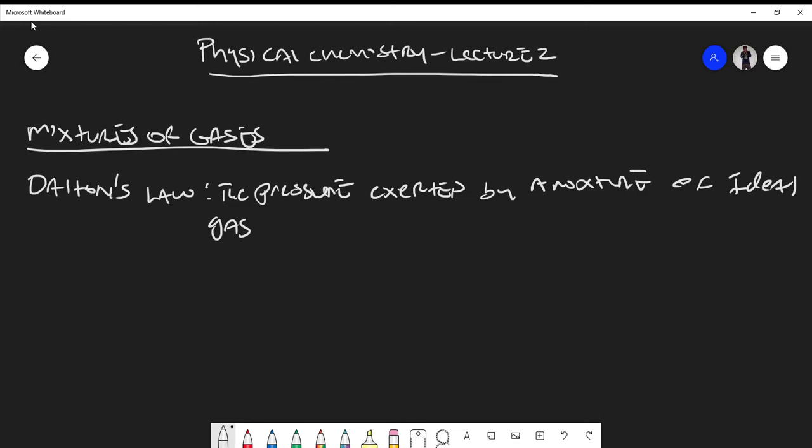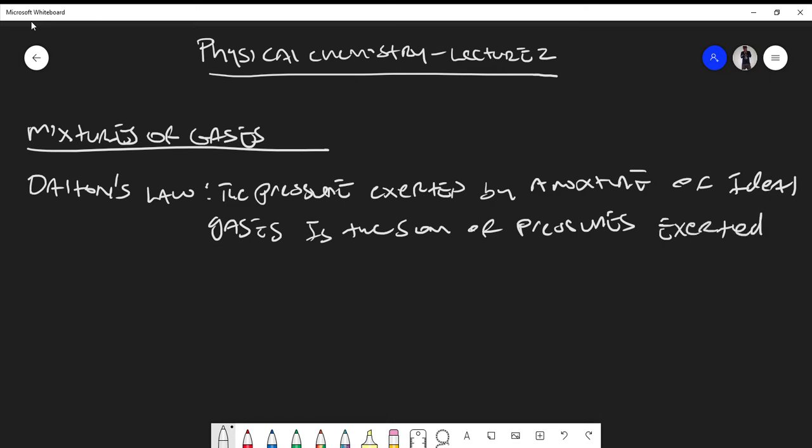So the pressure exerted by a mixture of ideal gases is the sum of pressures exerted by the individual gases occupying the same volume alone.